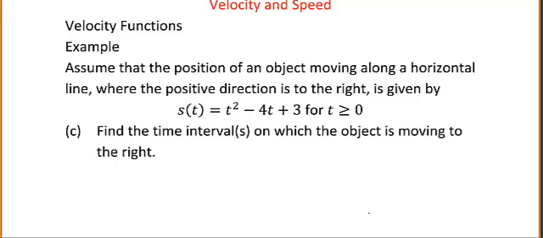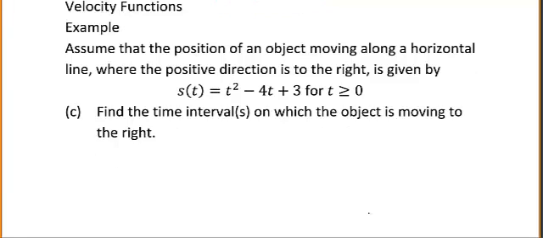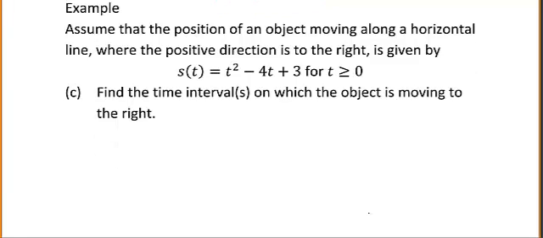Find the intervals on which the object is moving to the right. Well, to the right is the positive direction. So moving to the right implies that s of t is increasing.